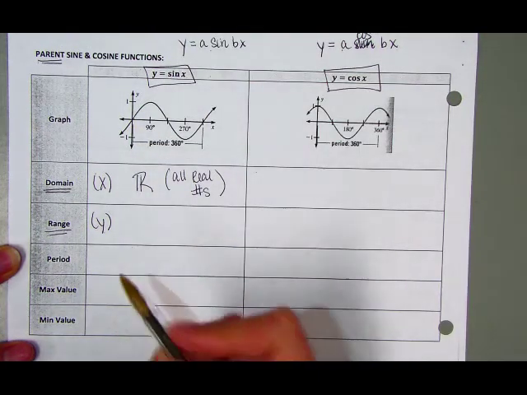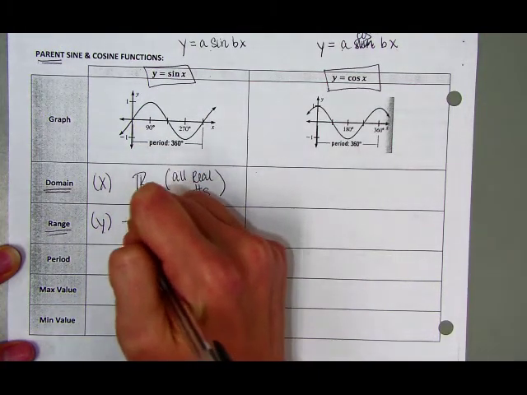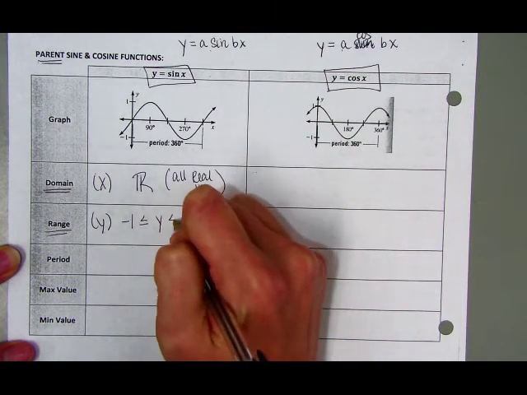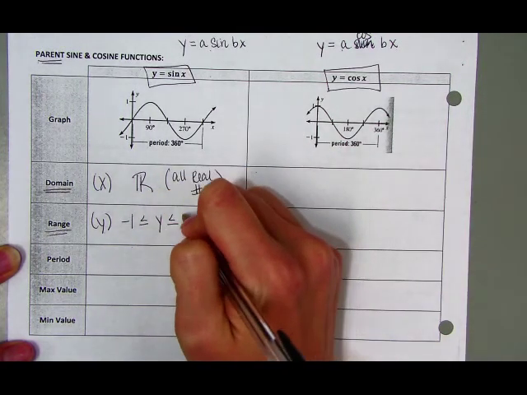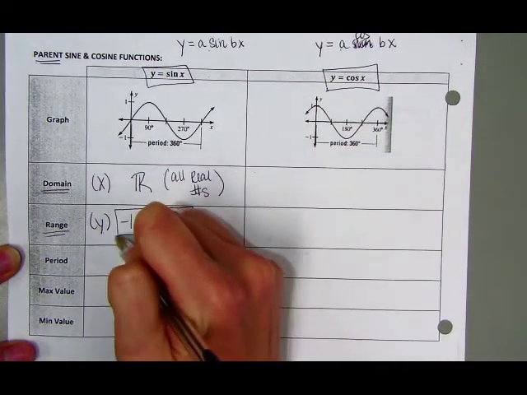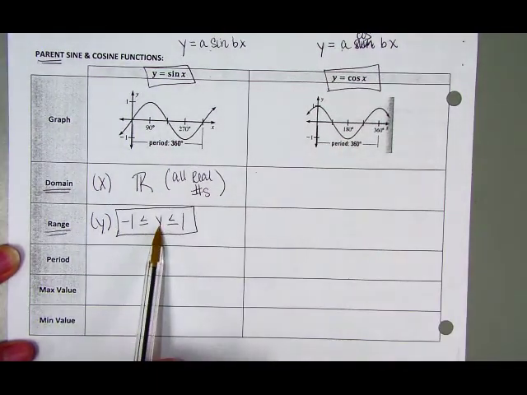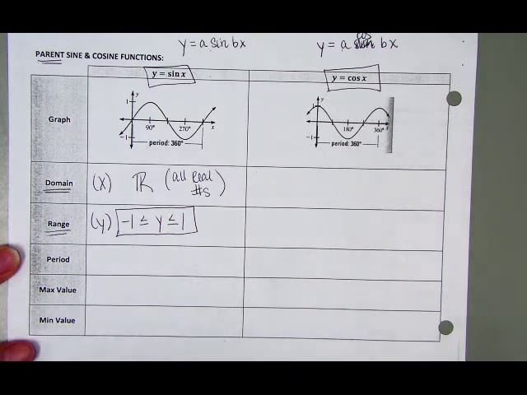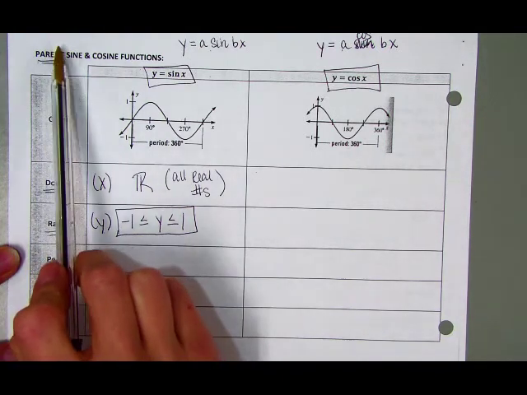So our range is y is greater than or equal to -1 and less than or equal to 1. So our range happens when y is either equal to or between -1 and +1. And this again is for our parent function.